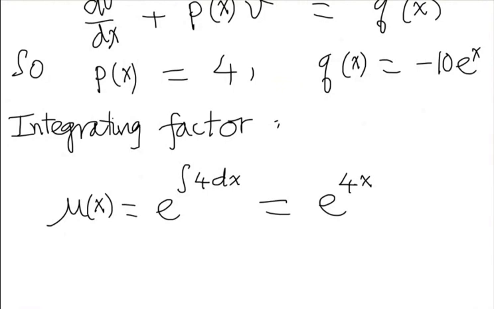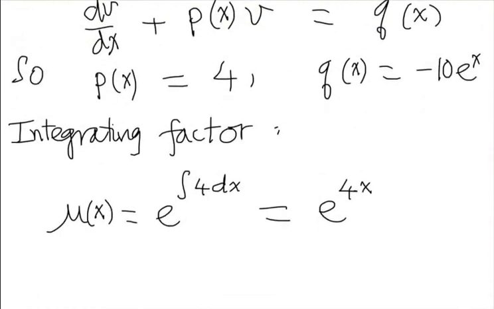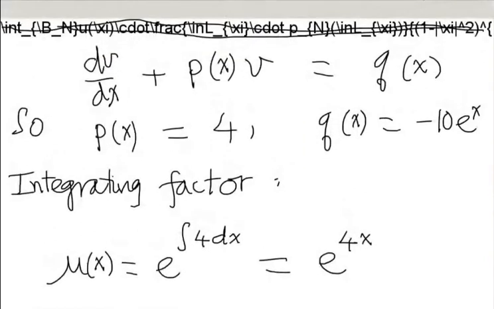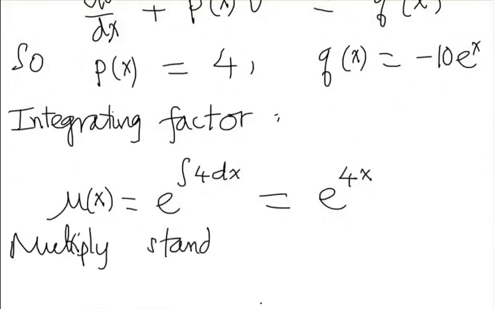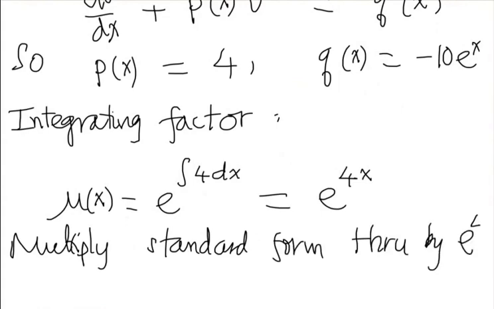And as usual, we don't add a constant c for this step. Once we know the integrating factor, we multiply the standard form through by e to the 4x.